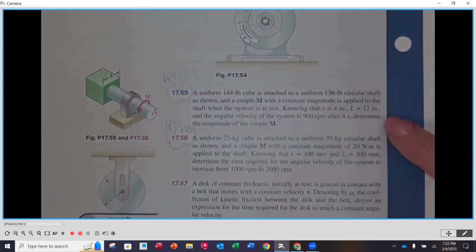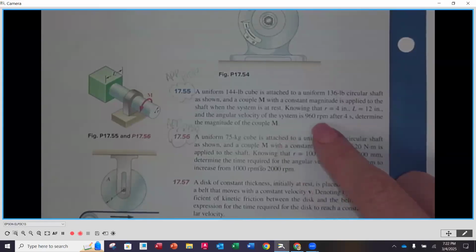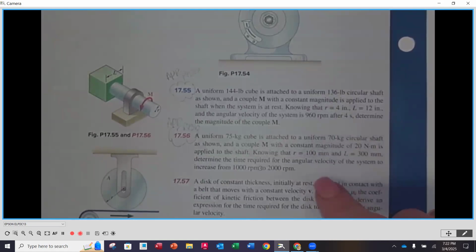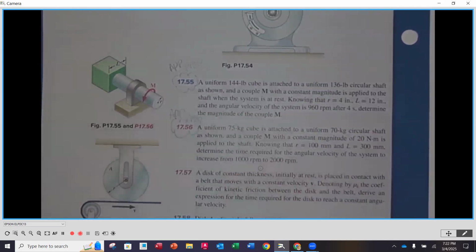The first one, you're going to be determining the magnitude of the couple M to get the final angular velocity of the system to 960 RPM within 4 seconds. And then the second problem, you're going to have to determine the time required for the angular velocity of the system to increase from 1,000 RPMs to 2,000 RPMs.